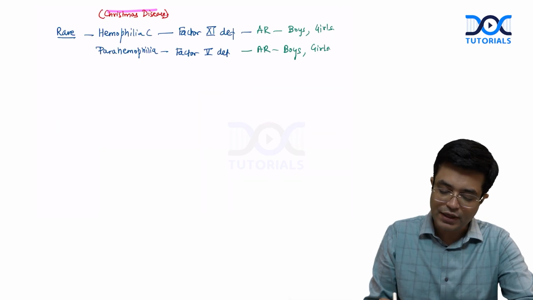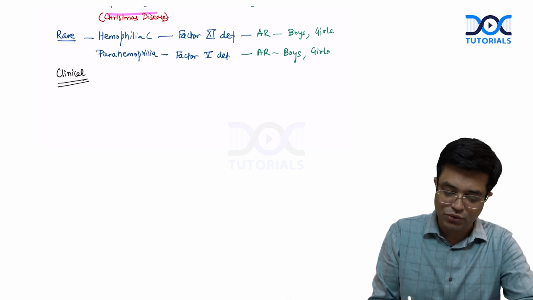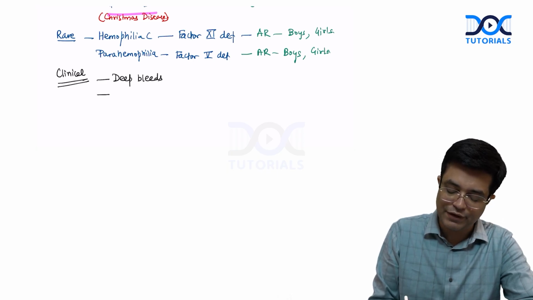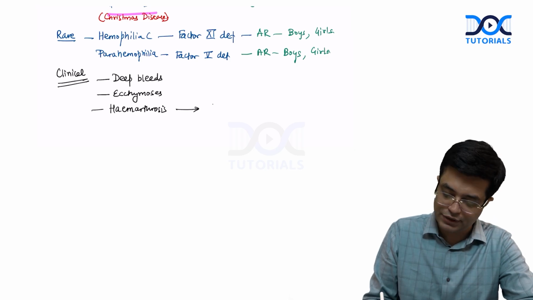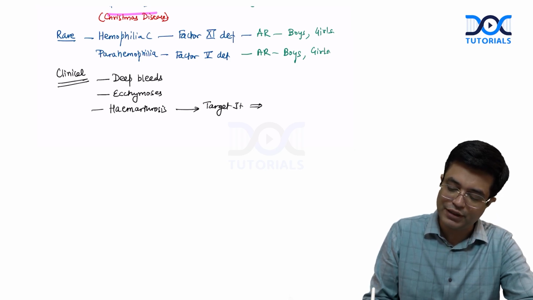Now, what are the clinical findings, the clinical picture that you need to remember in hemophilias? So, the patient will have deep-seated bleedings, they will have ecchymosis, they will have hemarthrosis. Recurrent hemarthrosis in a joint is called a target joint. And the most commonly affected target joint is the knee joint.